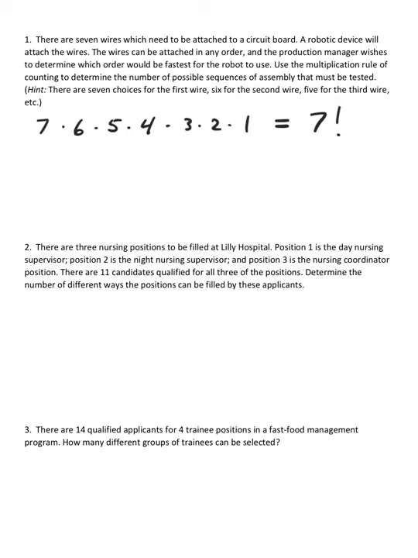There will be a separate video where I show you how to do factorials, permutations, and combinations on the TI-84, and that way you don't always have to do really long multiplications like this. So let's look at how many different ways 7 wires can be attached at a time.